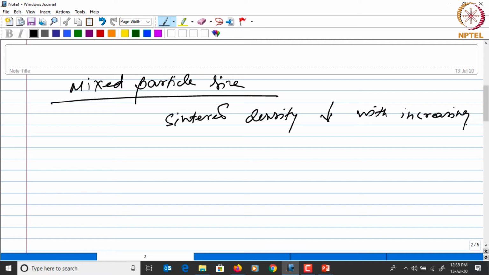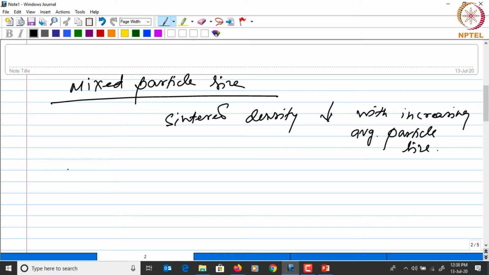This is something that has to be kept in mind while dealing with powder mixtures having different particle sizes. And therefore you have to consider different scenarios having different proportions of large and smaller particles.